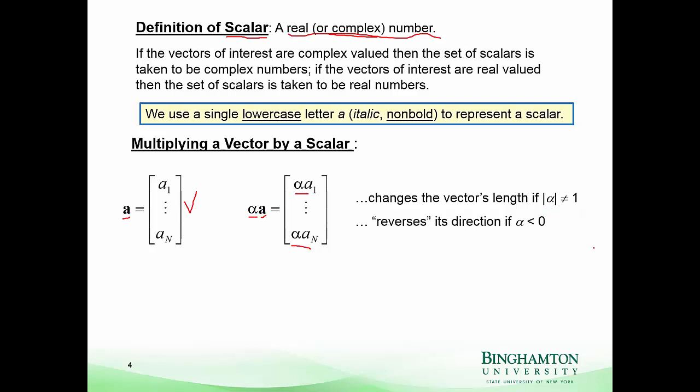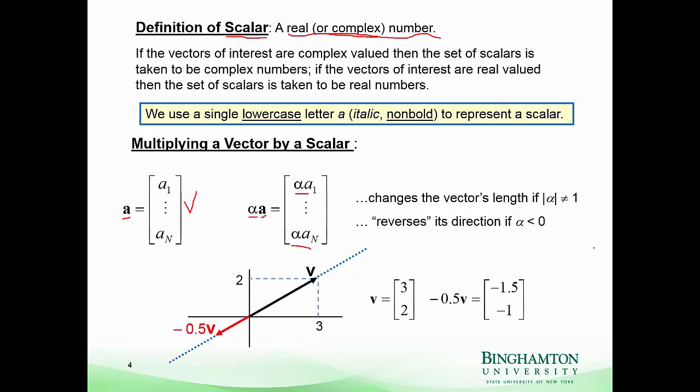And so if the absolute value of alpha is less than 1, it'll make the vector shorter. If the absolute value of alpha is greater than 1, it'll make the vector longer. And if the absolute value of alpha is 1, then it will leave the length unchanged. And the only change in direction that's allowed is a complete 180-degree reversal. So if alpha itself is negative, it just simply reverses.